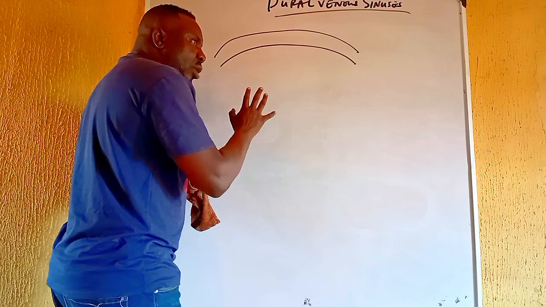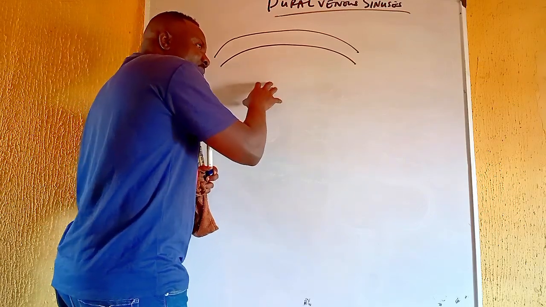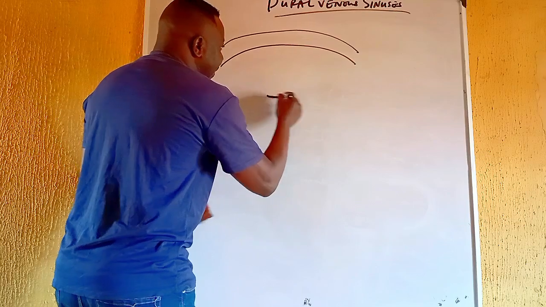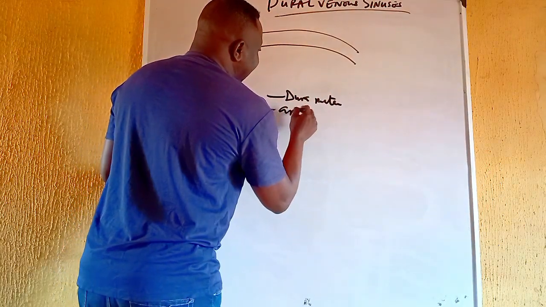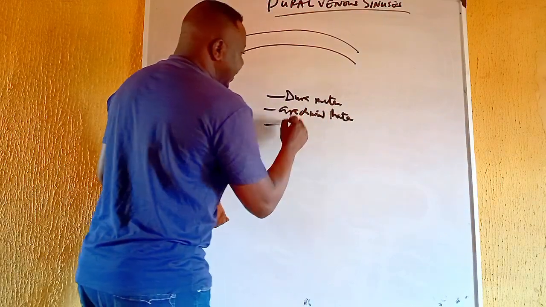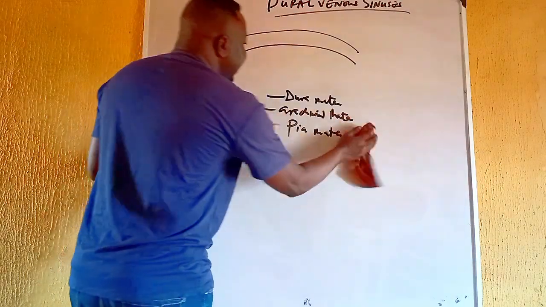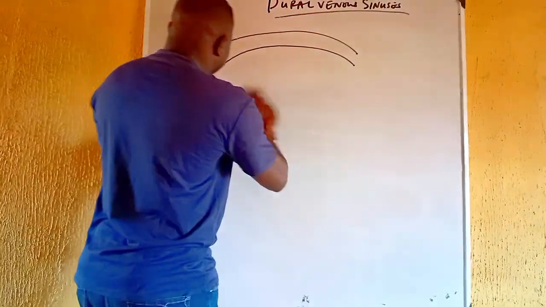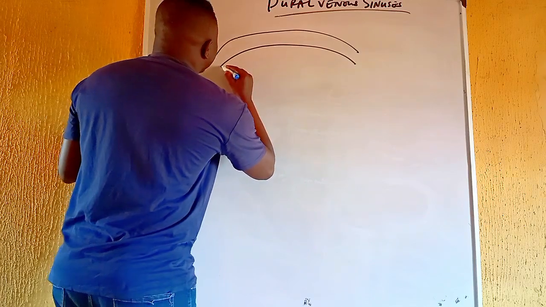Now, it is important to know that the meninges consist of the dural mater, the arachnoid mater, and the pia mater. The dural mater lines the skull bone.